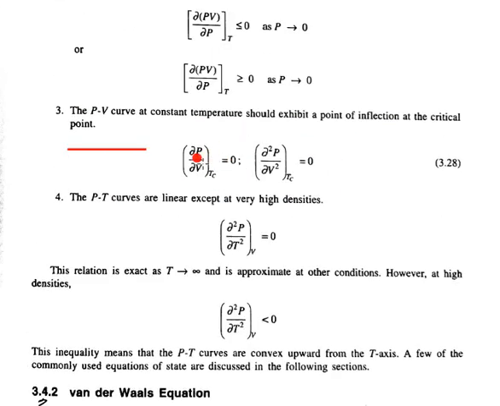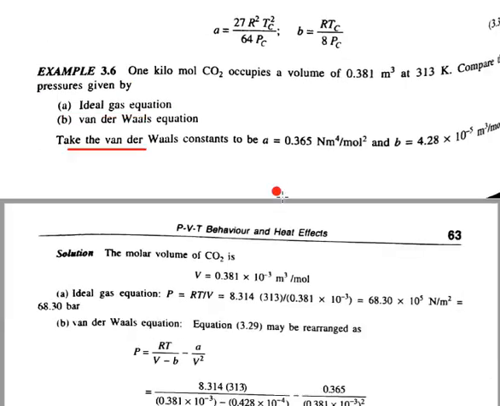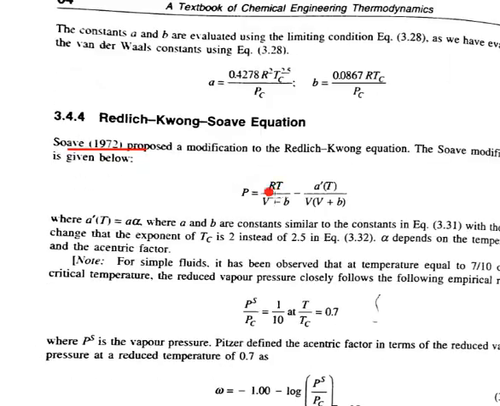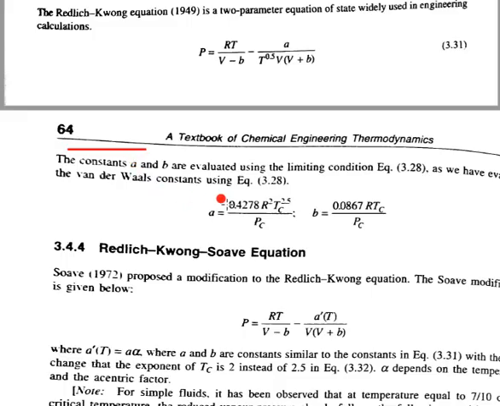Using this condition at constant temperature, the equation becomes a = 0.4278 R² Tc^2.5 / Pc, and the value of b is 0.0867 R Tc / Pc. So this is the Redlich-Kwong equation.